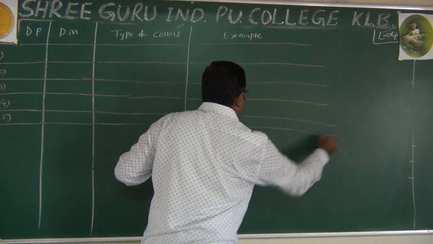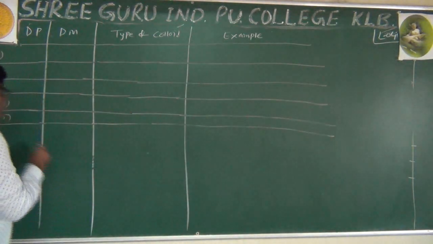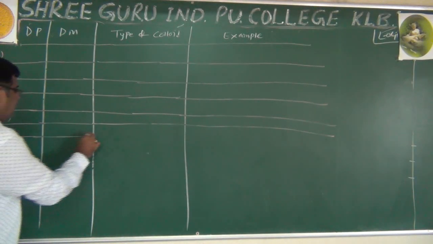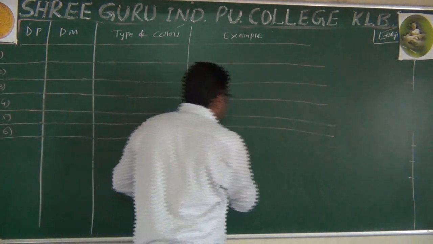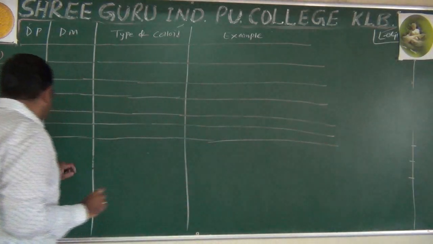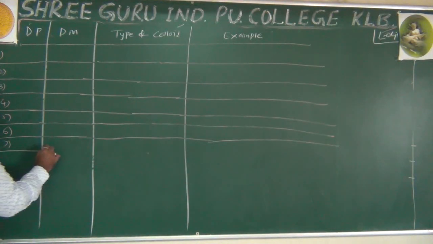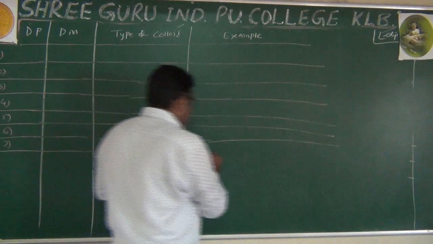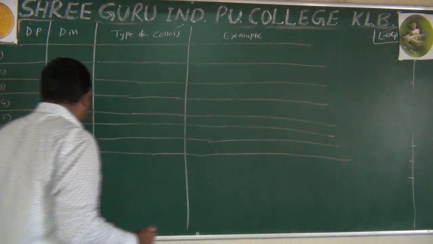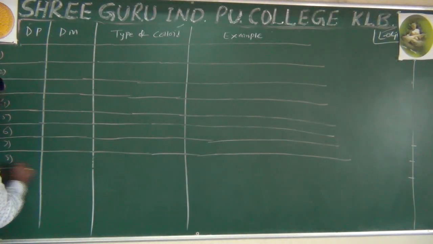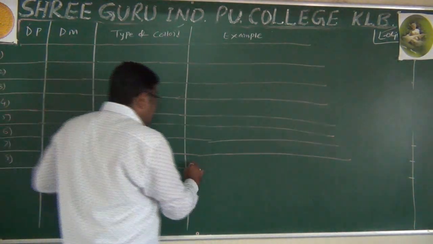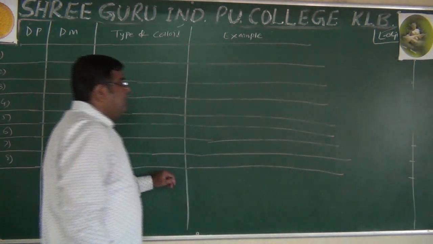I hope that you make a separate notebook for chemistry classes. And this is 8. Solutions are 9, but colloids are 8. We'll see why it is so.